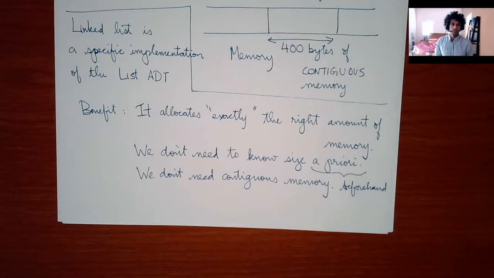A priori means beforehand. Wait, I thought that just said we don't need to know the size prior. Prior to building. Beforehand is like prior to building your list, right? Right? Prior to building your list. Okay. Any questions? Okay, good. So now let's continue.